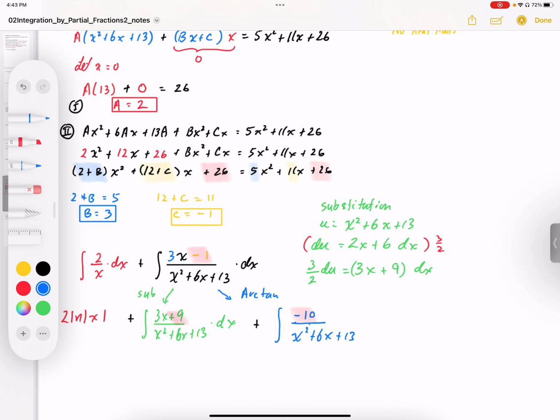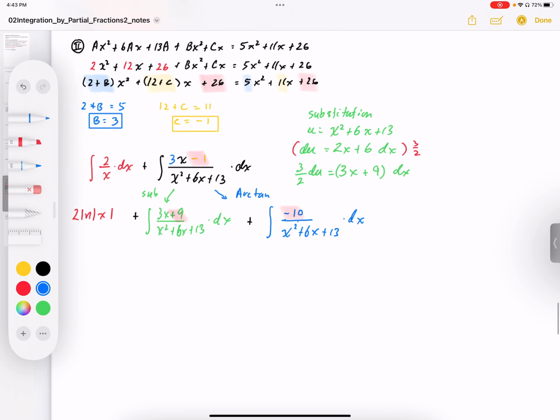So then the green, we need to generate the numerator by using our substitution for du, 3x plus 9, and then we're going to generate the arctan portion of it by figuring out what's left over with the constant. And this portion will be done with arctan. Okay, so then I've got all my integrals now set up.